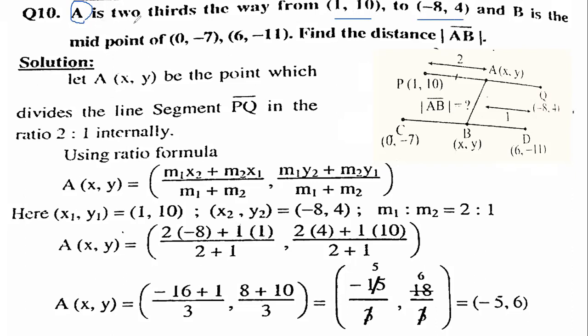So there is a line segment whose endpoints are 110 and -8, 4. We have considered 110 as the coordinates of point P and -8, 4 as the coordinates of point Q. So here we have a line segment PQ.